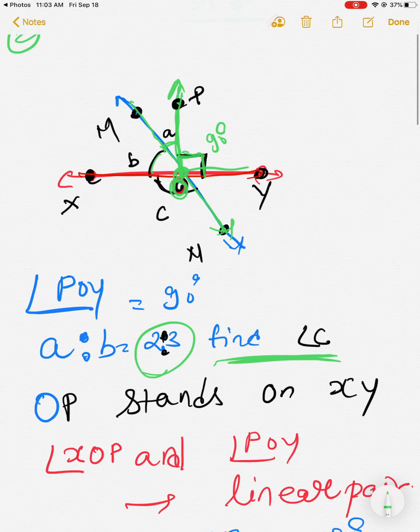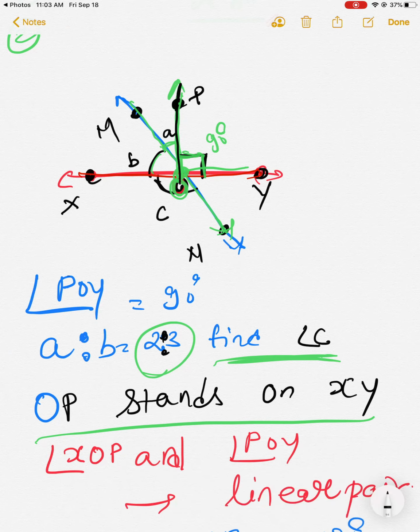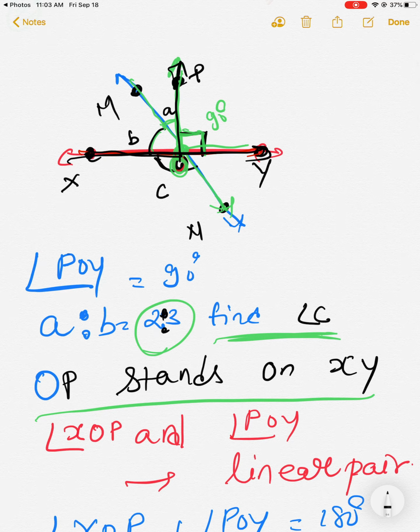If you see carefully, OP stands on XY. This is OP, and this is XY. So angle XOP and angle YOP are making a linear pair.